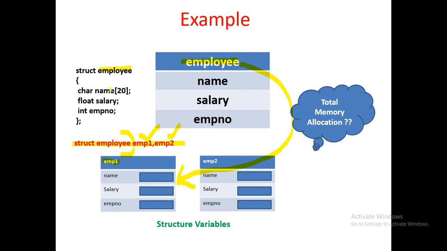If we calculate that, this name will be allocated 20, that is, a character holds 1 byte of data, so total 20. Float consists of 4 bytes, so 24, and integer will consume 2 bytes. So for this structure employee, a total of 26 bytes of memory will be allocated. So depending on the structure members, the memory allocation will vary.